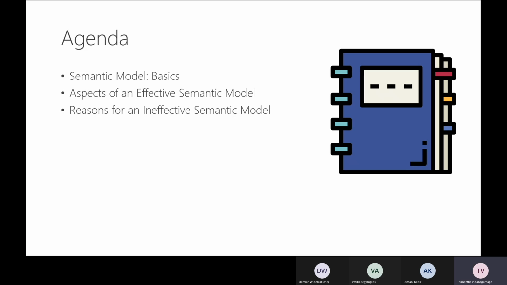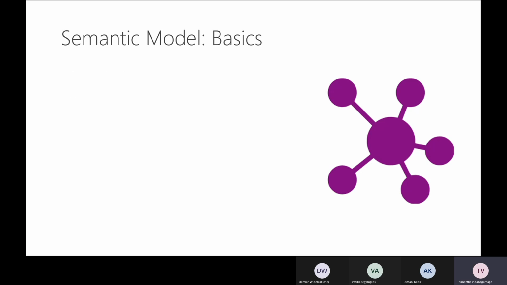Right. So moving into the basics of semantic models, a semantic model is also known as a data model. So just keep that in mind. Data model and semantic model, it's literally the same. It's more like a synonym that you use. Those two are ideally the same.